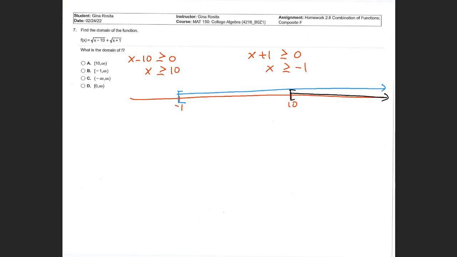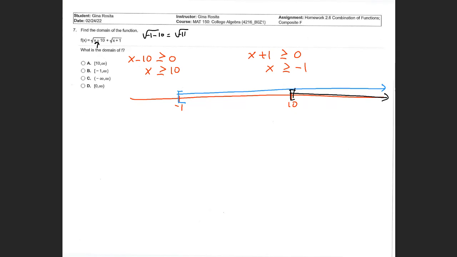If I choose negative 1 and plug it in, it becomes square root of negative 1 minus 10, which is the square root of negative 11. It is negative, so we cannot do that.